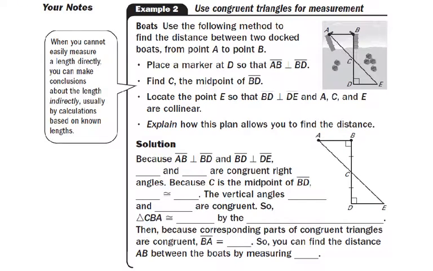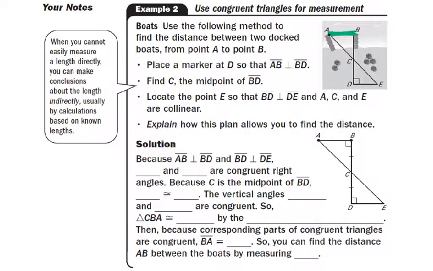Alright, example 2, and I'll probably have to go over this one a little bit more in class, but we can use the fact that triangles are congruent to measure things that you couldn't physically go out and measure. So, if we look at the example, if we wanted to know how far apart the two boats are in the picture, segment AB there, that dock's a little skewed.